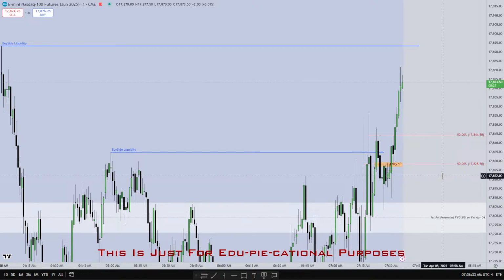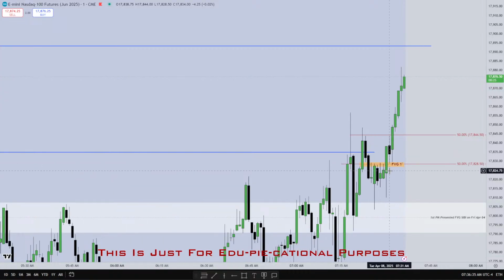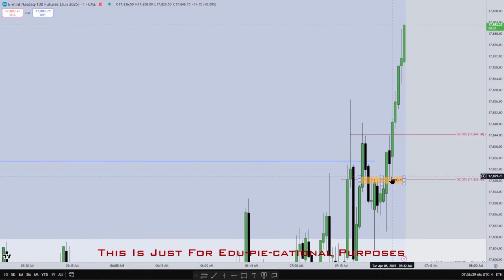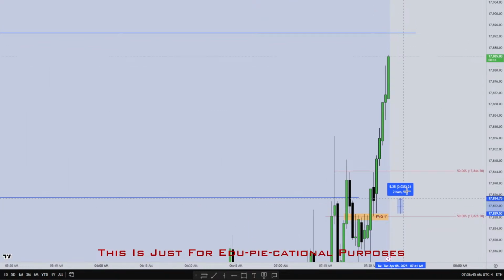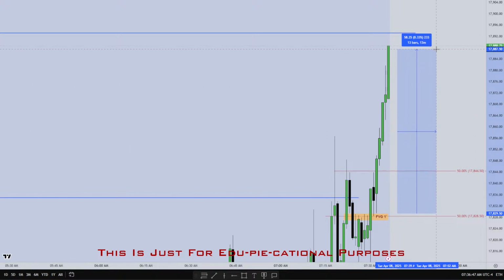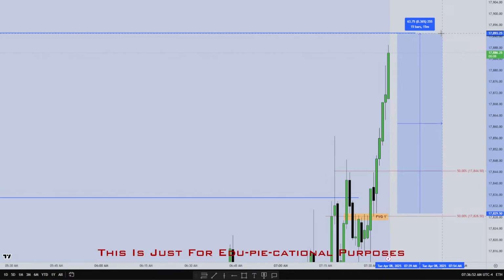Let's imagine that we entered in this fair value gap as we touched it over here, and now we are in profit. Let's see how much we are in profit. If we consider this, yes, the market is going higher to reach the buy side liquidity that I mentioned.